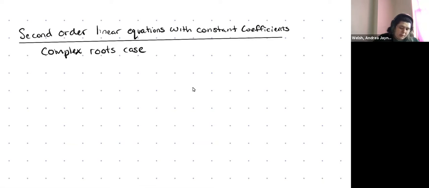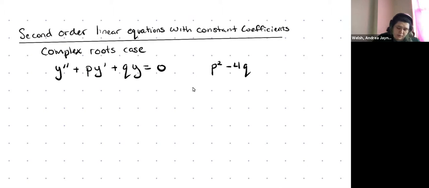Just to recall, we are looking at equations of the form y'' + py' + qy = 0. And for this case, we're looking at when p² − 4q is less than 0.